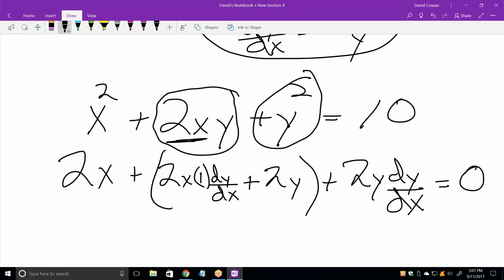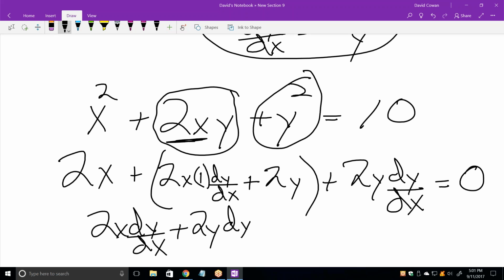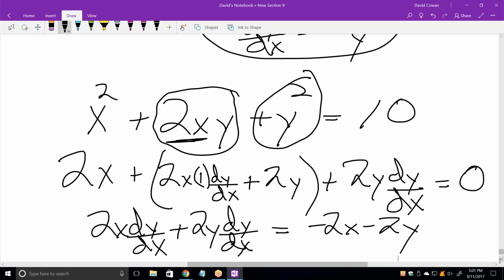Equals 0. Now, notice that what we have here is two different dy/dx terms. So the way to solve this problem is to gather every term with a dy/dx in it on one side, and take everything else and put it on the other side. With me? Now factor out the dy/dx, so you only have one of them.